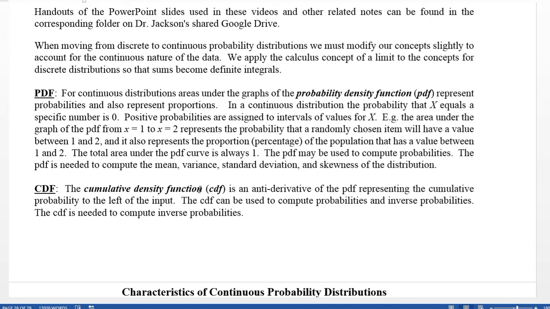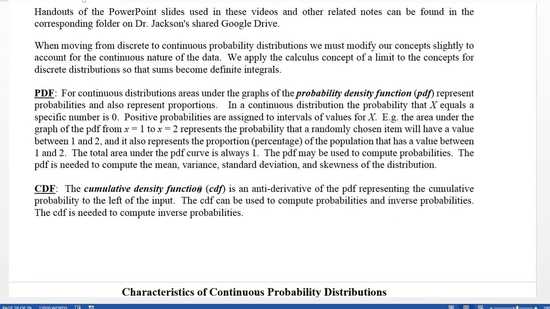The cumulative density function, CDF, on the other hand, turns out to be an antiderivative of the PDF. And the output of the CDF represents the cumulative probability to the left of that input value. We can also use the CDF to compute probabilities, but the CDF can also be used to compute inverse probabilities.